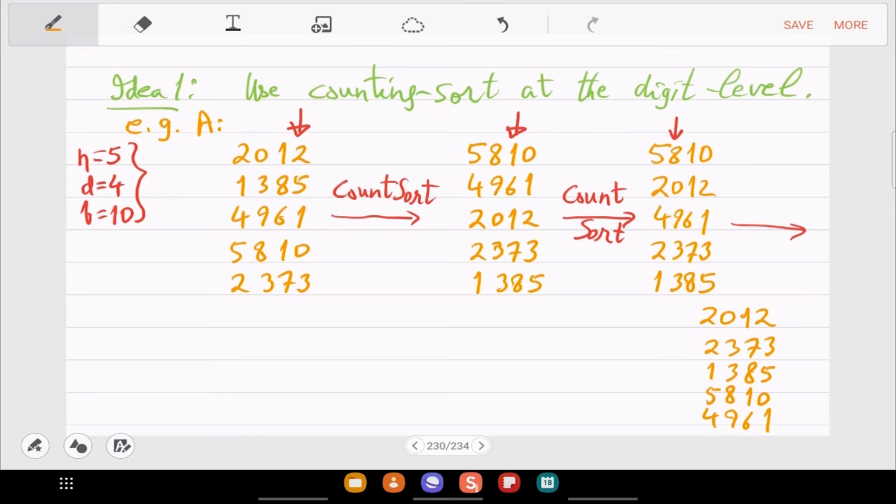And then we are at the end, so now we have to focus on this. Count sort on the most significant digit.